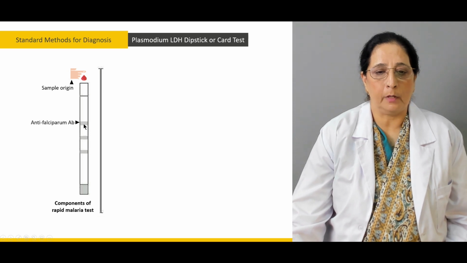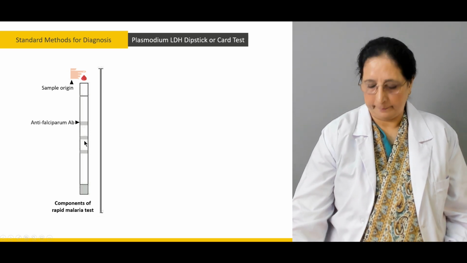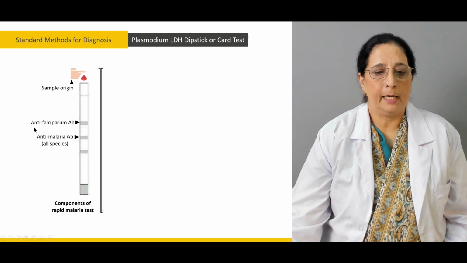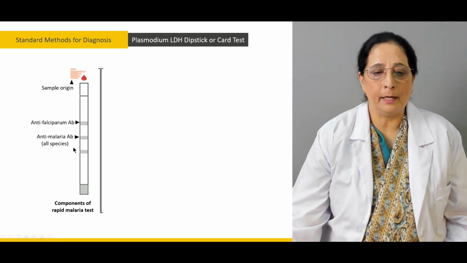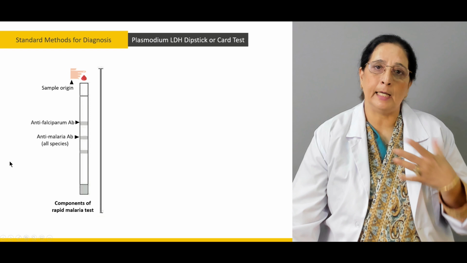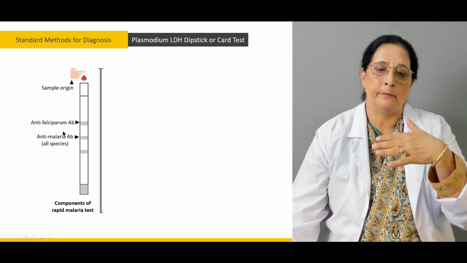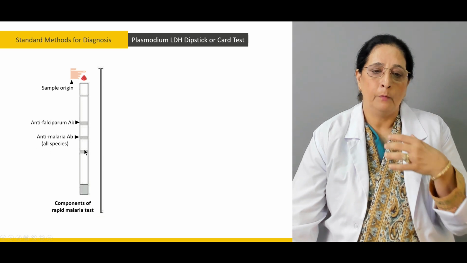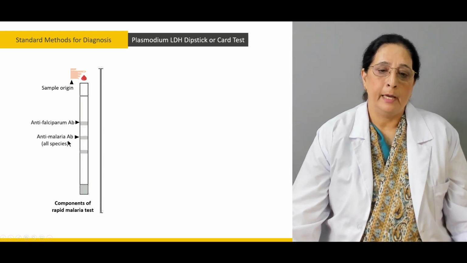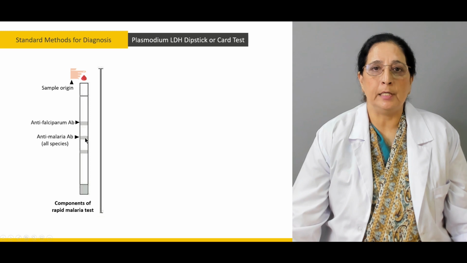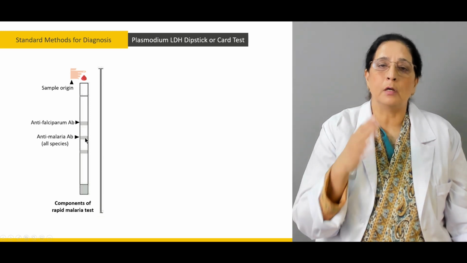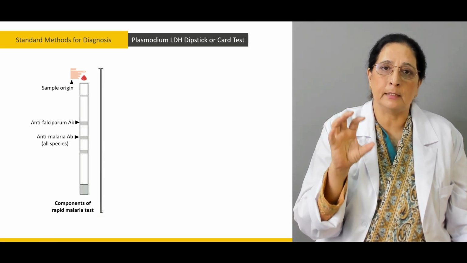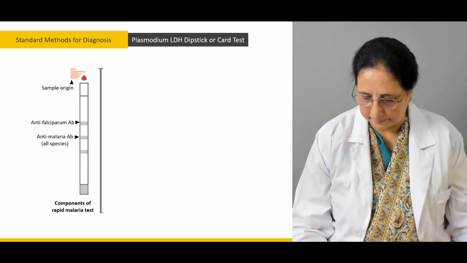This portion here, that's the anti-falciparum antibody, first line. Then we have anti-malaria antibody, all types other than falciparum; Plasmodium falciparum will be with the other line. So if this line shows changes, then it's malaria caused by all the other species other than falciparum.